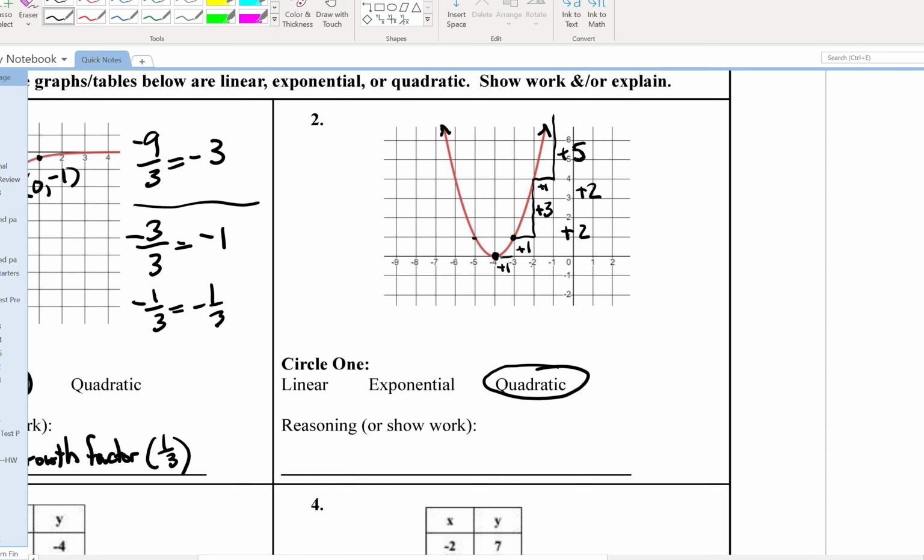So you see that the values change in a constant way. Okay. So you might just say U-shaped or parabola. It is a parabola.